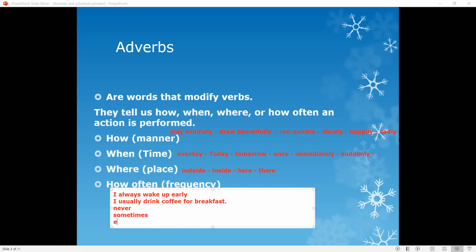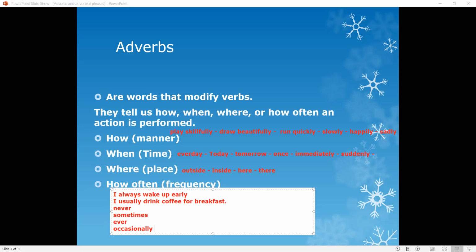All right, so ever is one of the examples. Occasionally, I occasionally travel to North Coast. All right, so we said sometimes, never, occasionally.